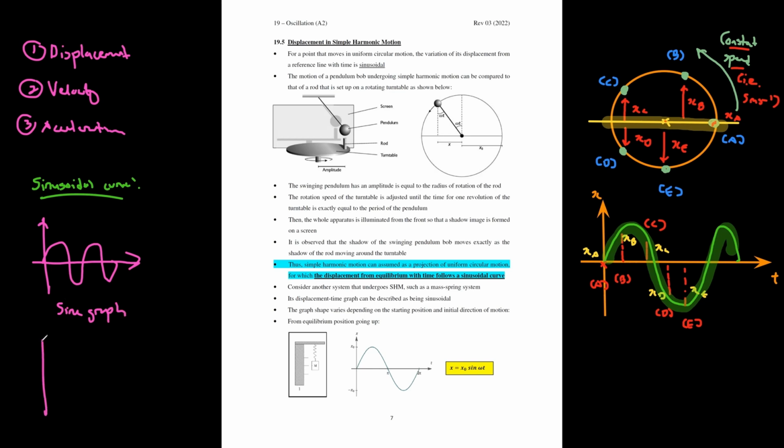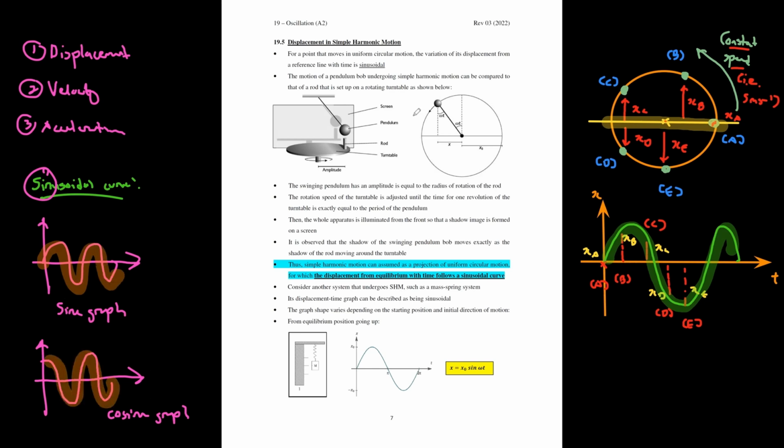It can also be something that looks like this, a cosine graph. Okay, both are still called sinusoidal curves. Just because you see the word sine here doesn't mean it must be a sine graph. It can also be a cosine graph. Sinusoidal is really referring to the curvy shape that you see here.